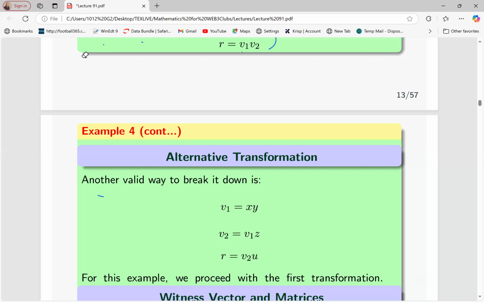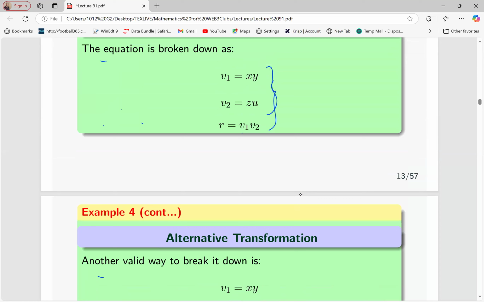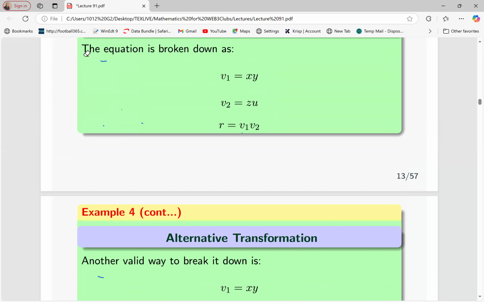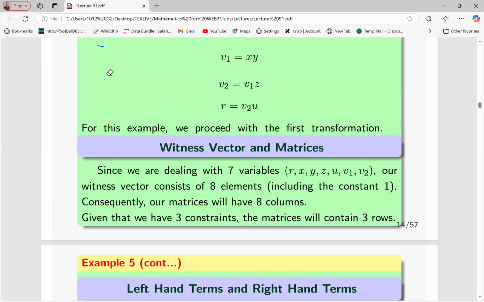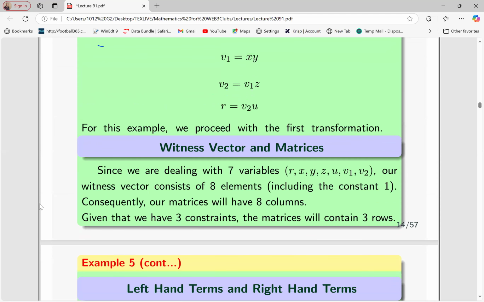Now, there are these two ways, and I chose to move with the first one. So it's this first one that I decided to come up with the witness for, and then come up with the left matrix, L, and then the right matrix, R, then the output matrix. So this is what I've done here. Let me again just write it here.